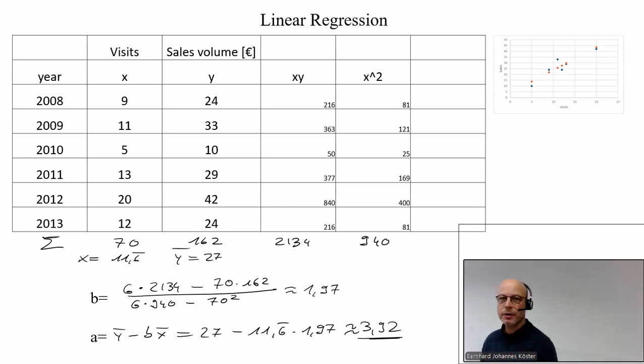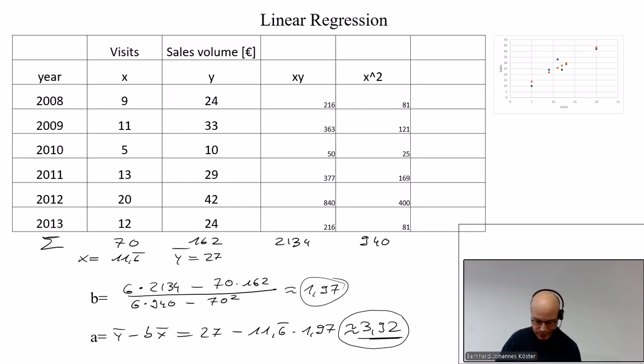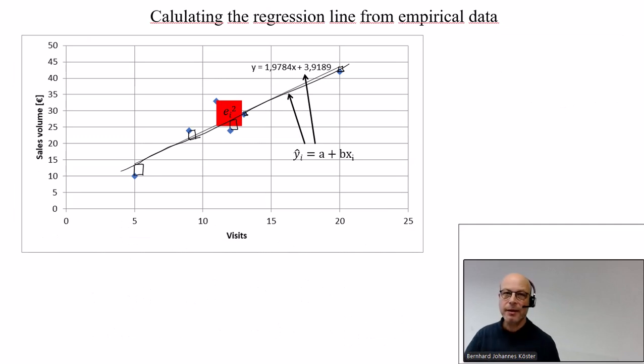And then we took our example and we found that we have a slope of roughly 2 and a vertical cut of the y-axis of almost 4, and we ended up with this fitted line.